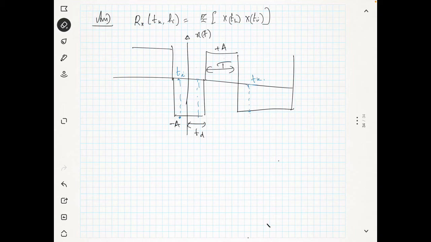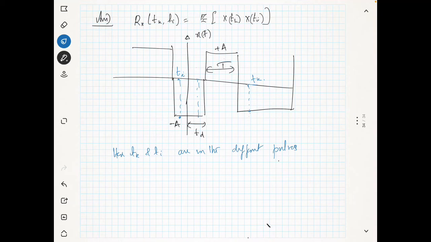No, because you see here tk and ti are in different pulses of the same sequence. So both are in different pulses.